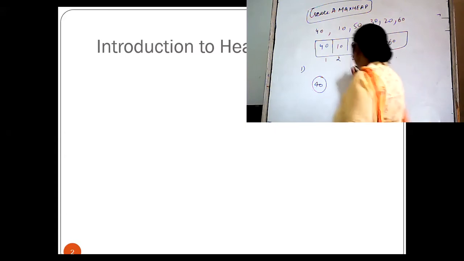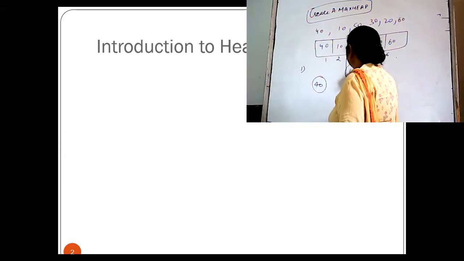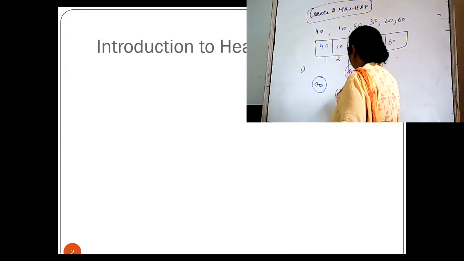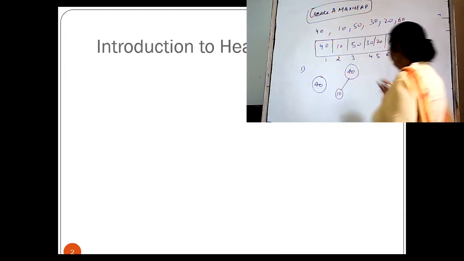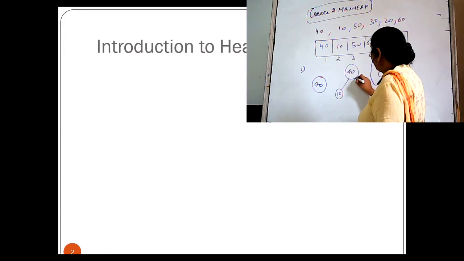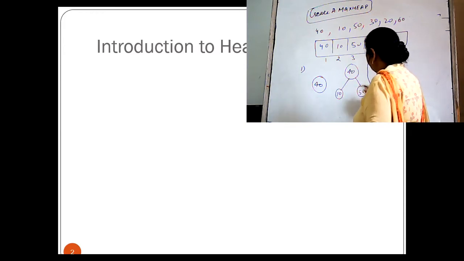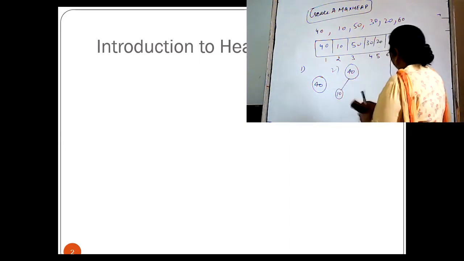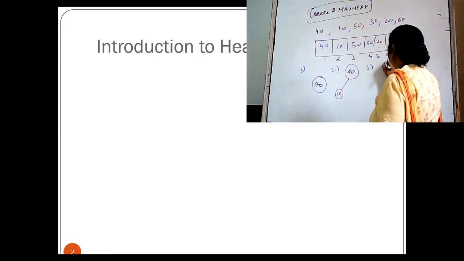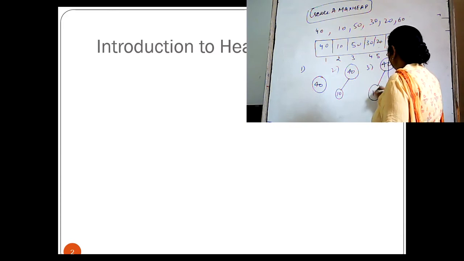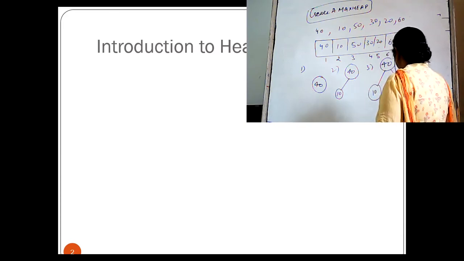Second number is 10. So 40 is greater than 10 and it is its left child. Now 50 is at 3. This is step number 2. Now at 3 we have 40, then 10, then 50.